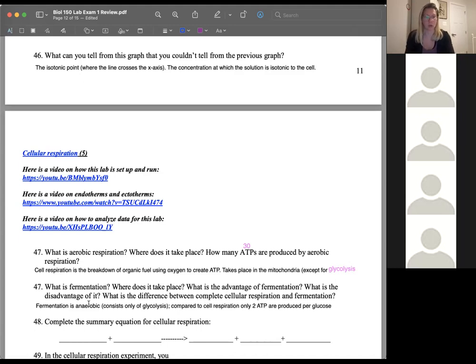And because it's only consisting of glycolysis, it can occur in the cytoplasm of animal cells, and it can also happen in bacterial cells, yeast cells, all kinds of microorganisms. So a lot of different life forms are going to be using fermentation.